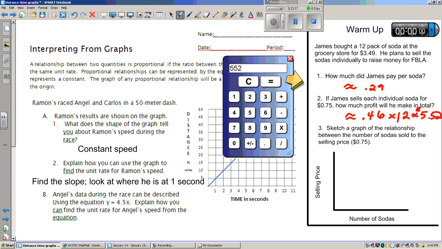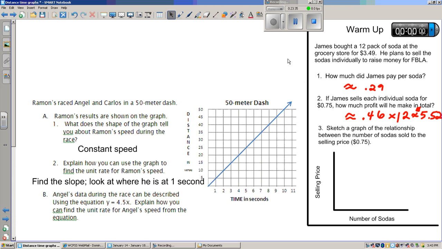Not bad. All right, number 3, we're going to sketch the graph of the relationship between the number of sodas sold to the selling price. Go back and think independent and dependent variable. Doesn't the selling price depend on the number of sodas you have?